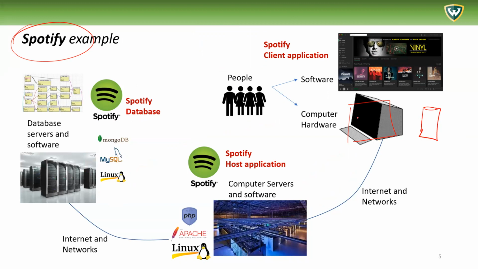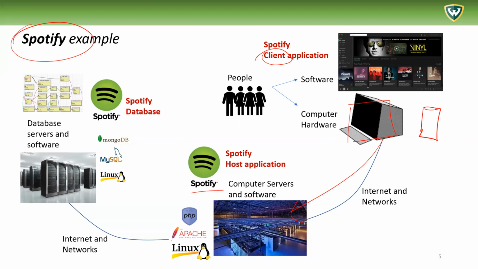And usually what we download is called the client application, just like we were using the FTP client, because client is on the user side, not on the developer or the host side. So we use the client application, and it has a particular set of functions and a particular look. You can play the song, move the song around, put a playlist into it. But once you do that, you're always connecting to a server that Spotify hosts.